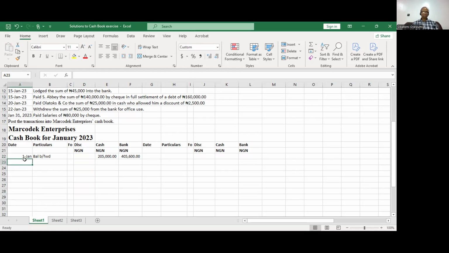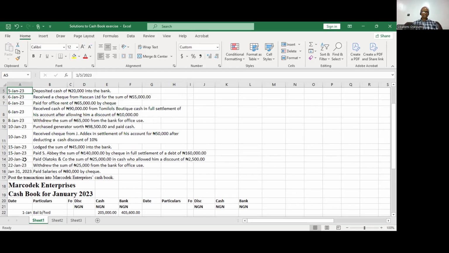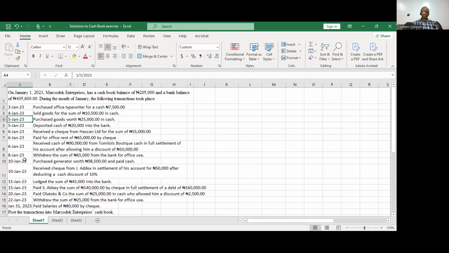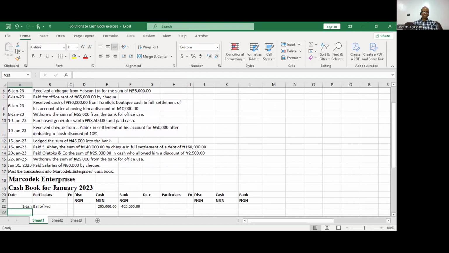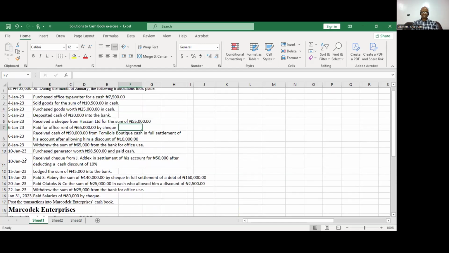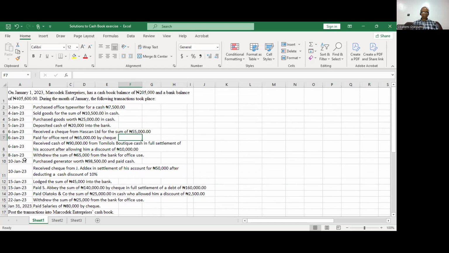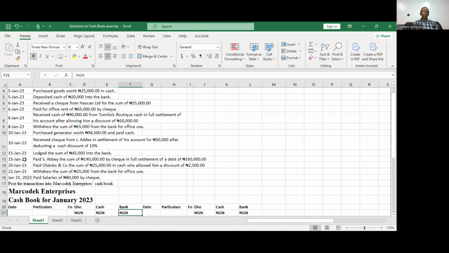Okay, so let's go to the second entry. Now on the 4th, they sold goods in cash. So on the 4th of January, sales in cash of how much? 10,500. Going to be fast. Then the third transaction: purchase goods worth 25,000 in cash.